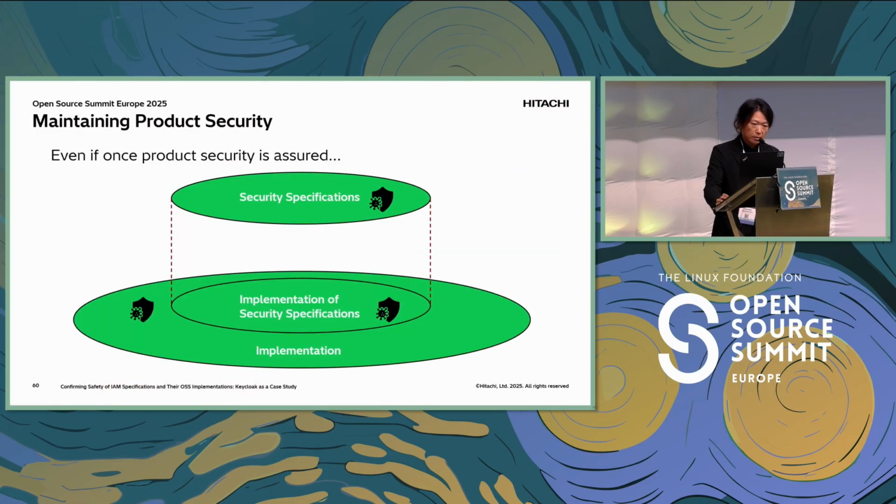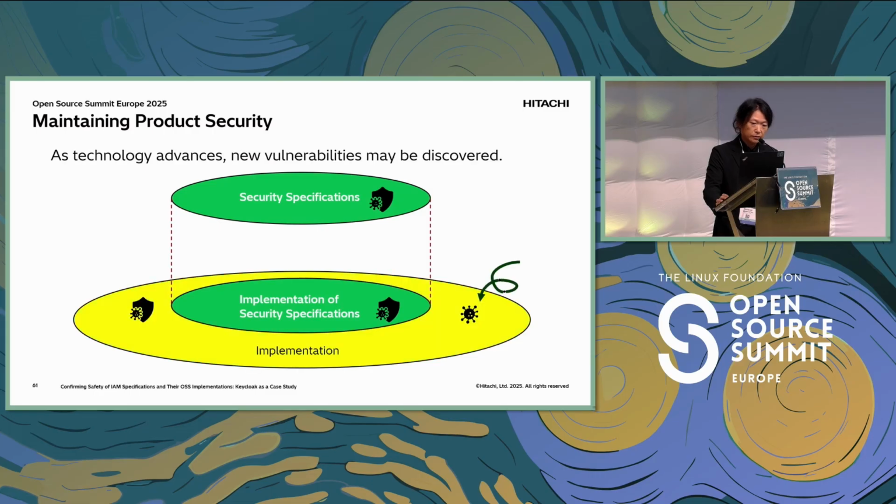So by applying the three methods I just described to identify vulnerabilities, we can make sure our IAM is secure. But as time flies and technology advances, some new vulnerabilities may come into our OSS.